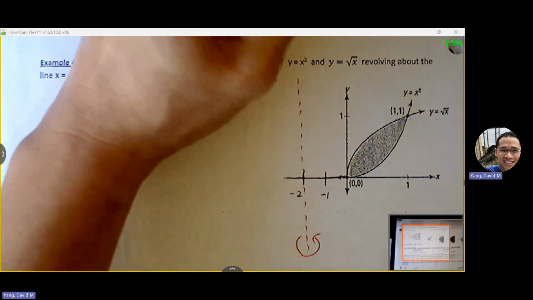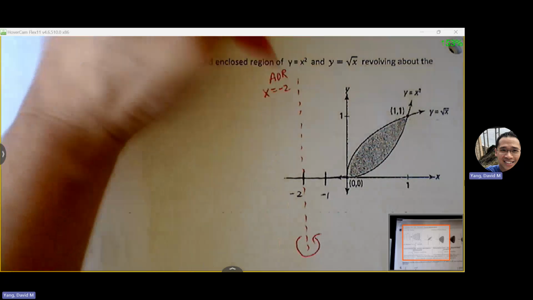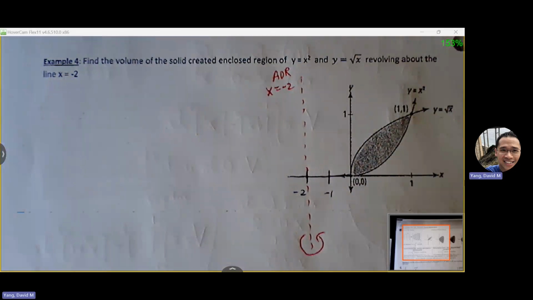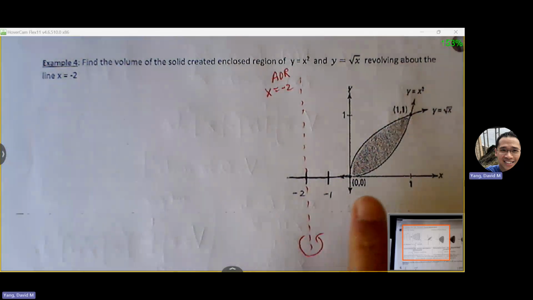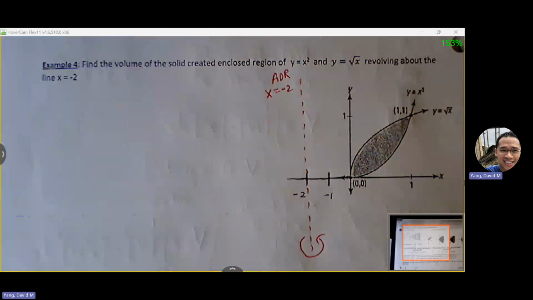And then my axis of revolution is all the way over here at x equals -2. So what's going to happen is this is going to get rotated around this line. It's going to end up looking like, I don't know, an upside down lampshade maybe.